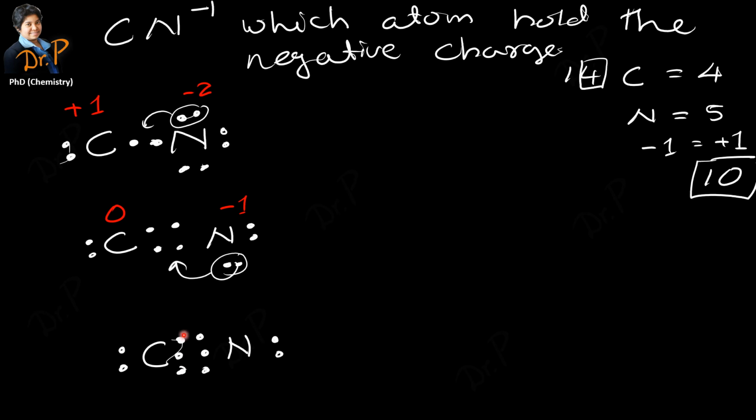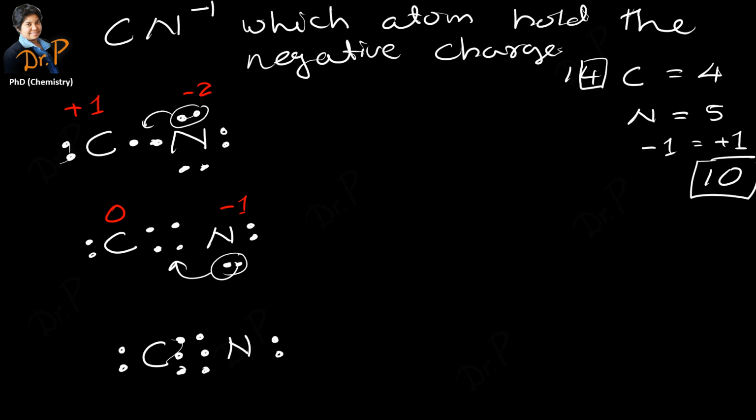Now both carbon and nitrogen atoms are happy because their octet is complete. So this will be our proper Lewis structure for the cyanide ion. And then you can find the formal charge.